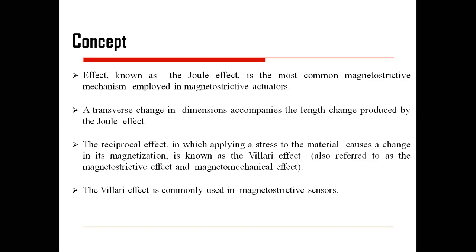A transverse change in the dimension, that is, the length, accomplishes the length change produced by Joule's effect. Whatever change arises due to the magnetic field is totally due to Joule's effect.